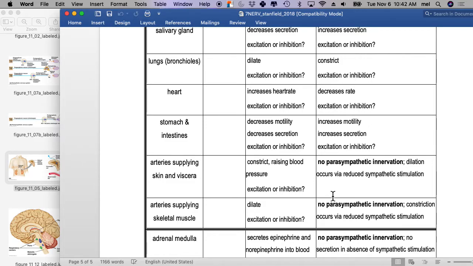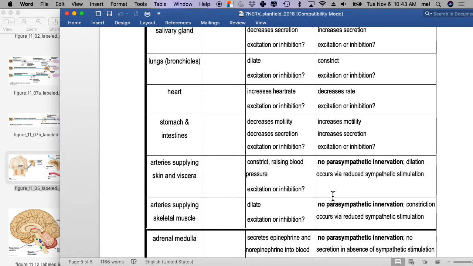Okay, so I have arteries and arterioles that are supplying tissues in different places in the body, right? Do we have just comparable blood flow to every place in the body at every time? No, we don't. We have differential blood flow based on the body's needs, yeah? Okay. And the body's needs for blood flow are going to be pretty dramatically different in some places with sympathetic stimulation, okay?